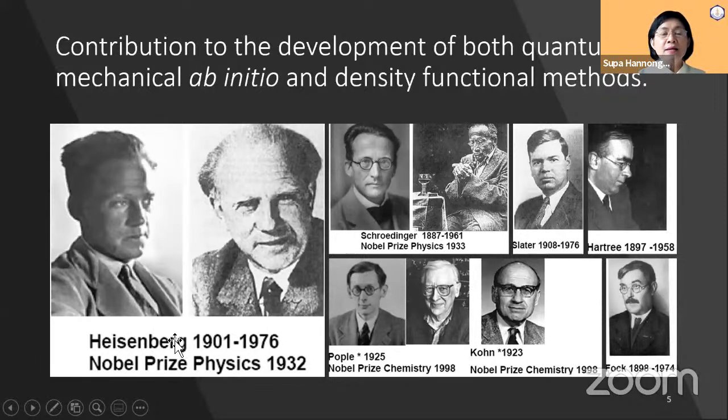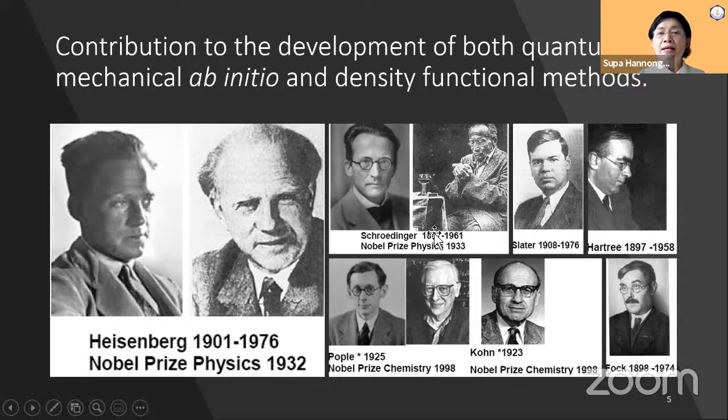You may know his finding about the uncertainty principle, especially regarding the properties of electrons, and he got the Nobel Prize in Physics in 1932. Based on Heisenberg, this can lead to a very efficient and important way to solve the Schrödinger equation.